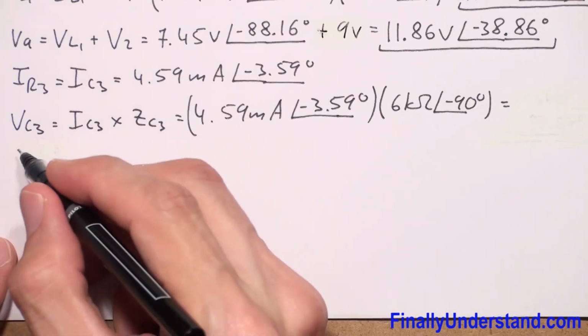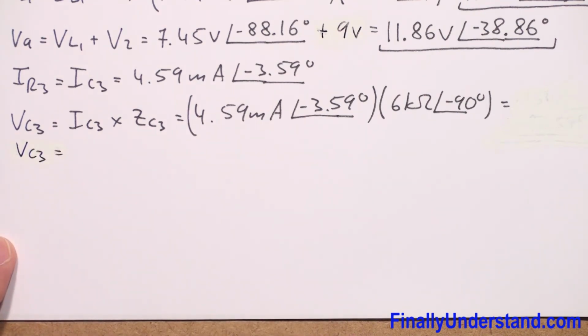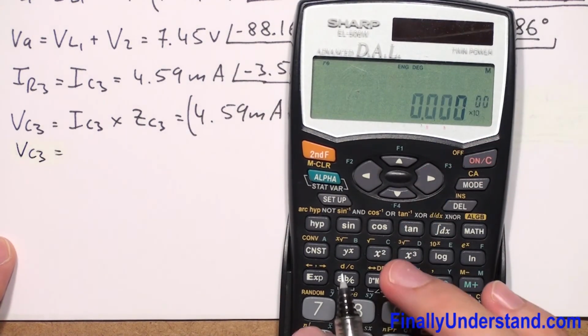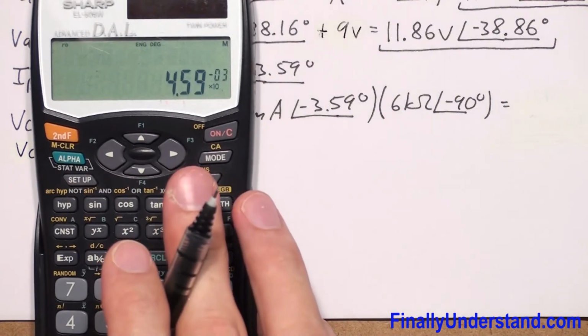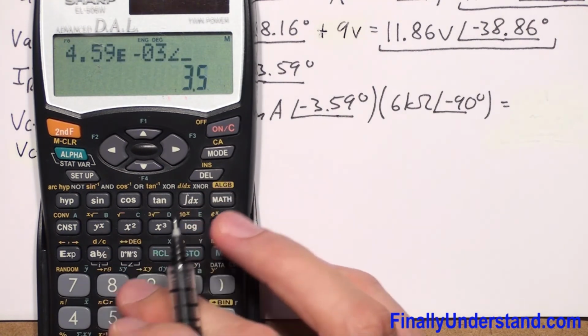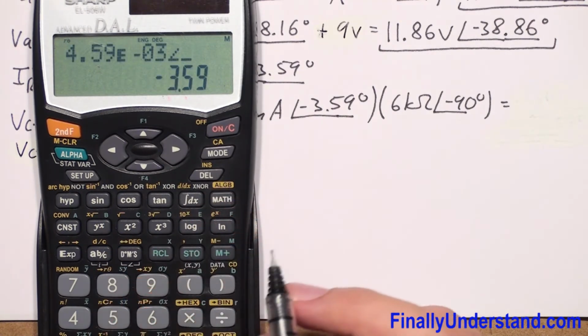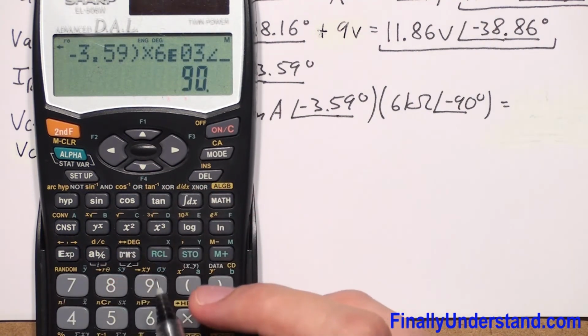So VC3 is equal to 4.59 × 10^-3 and angle of negative 3.59 times 6 × 10^3 and angle of negative 90.